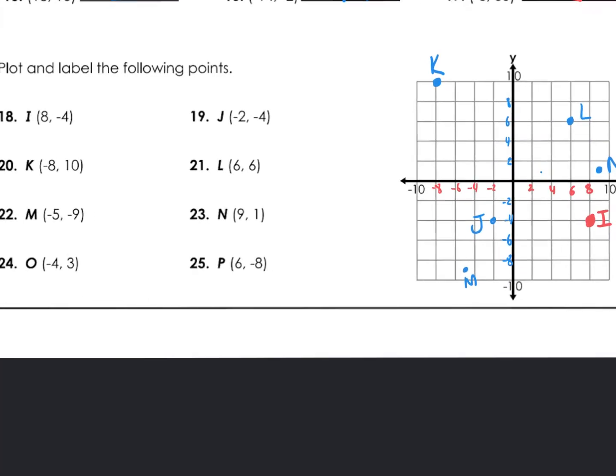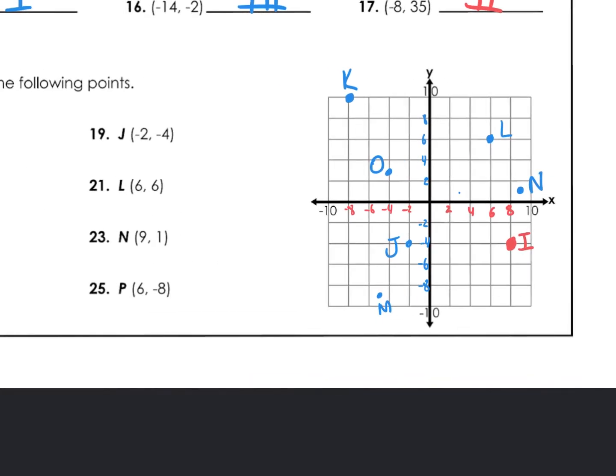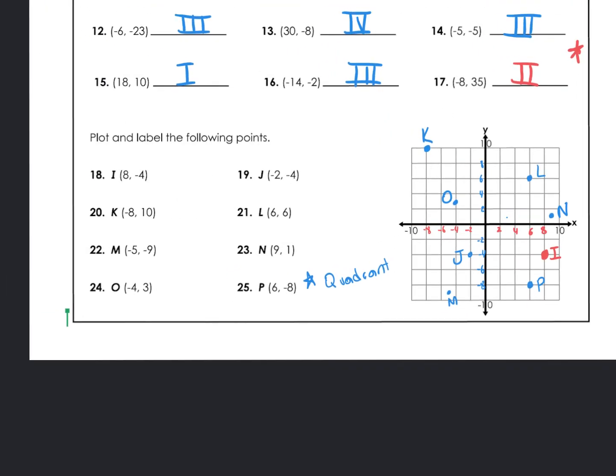Check yours. For O, -4, +3 for O. And for P, tell me what quadrant is P in? What quadrant would P be in? You should have plotted P down here in quadrant 4.